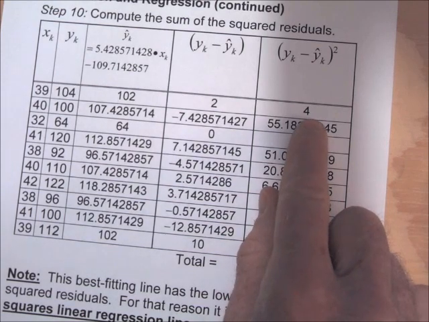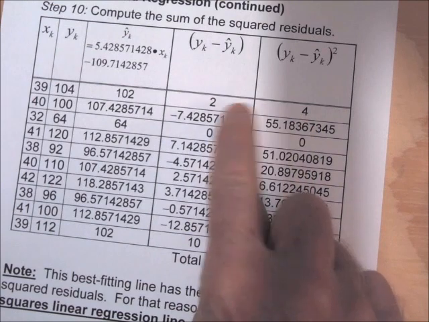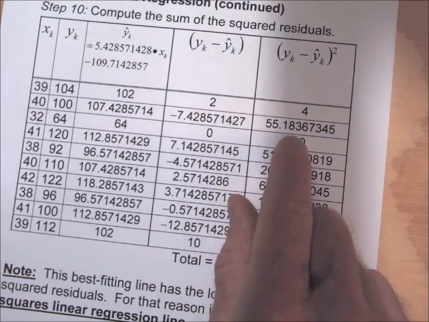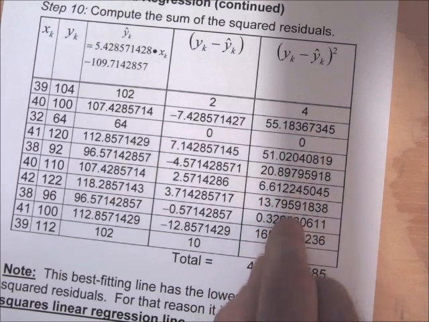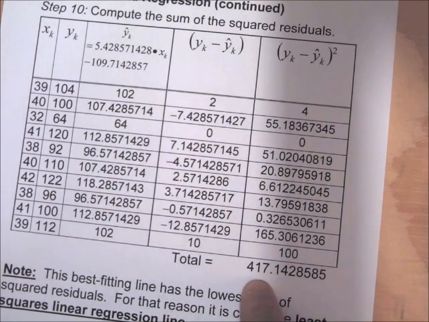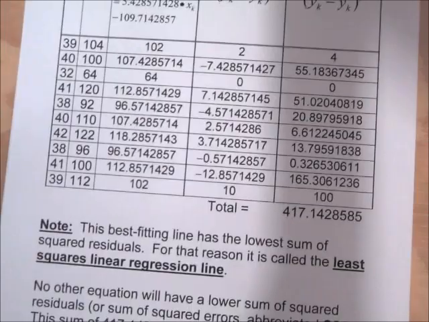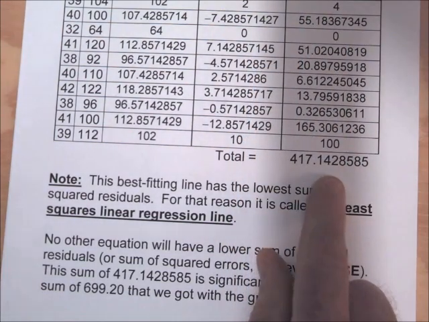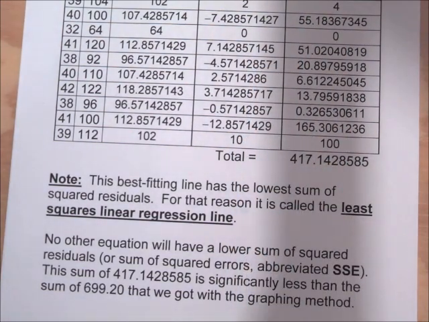So if you square each of these prediction errors, 2 squared is 4, negative 7.4 squared is 55 point something. Square these, add these all up. This comes out to be 417. And if you remember, when we eyeballed it, we got a sum of squared predictions of almost 700. This is just a little over 400. So by this standard, it's a much better fitting line than what we had before.